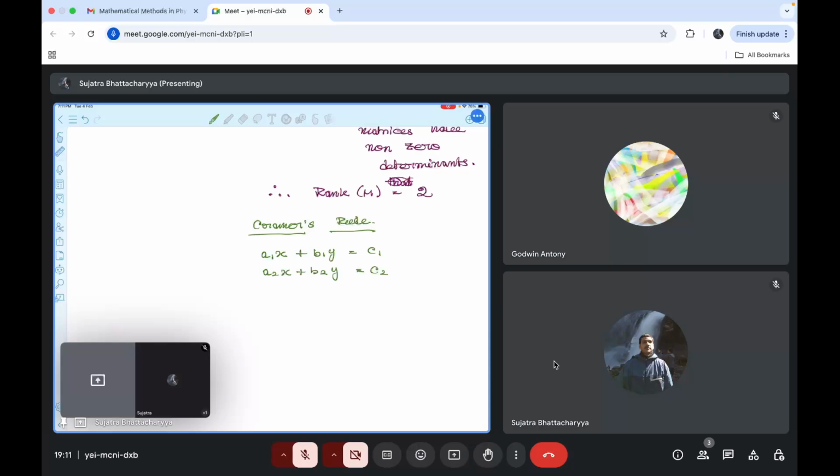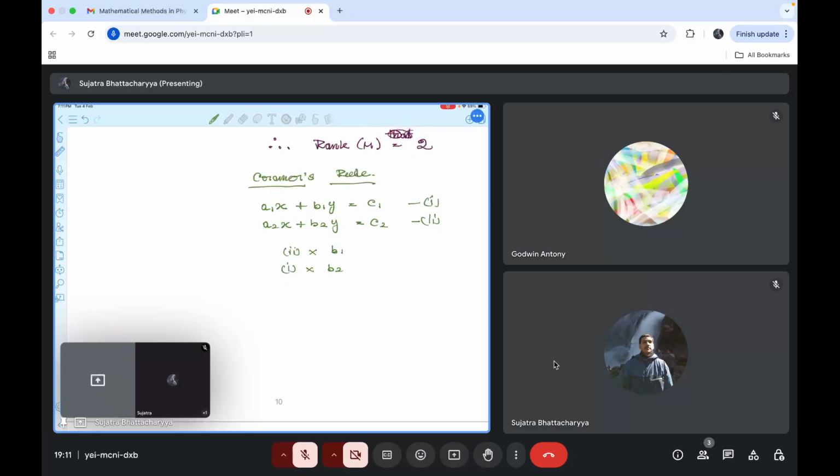Now, how can we find x? Simple thing, analytically, if you just go ahead, this is equation 1 and 2. Multiply the second equation with b1, multiply the first equation with b2, and then subtract, I mean 1 minus 2, after this multiplication.